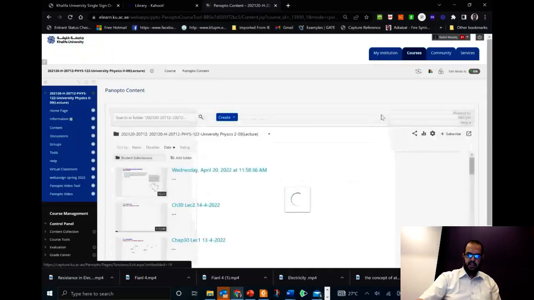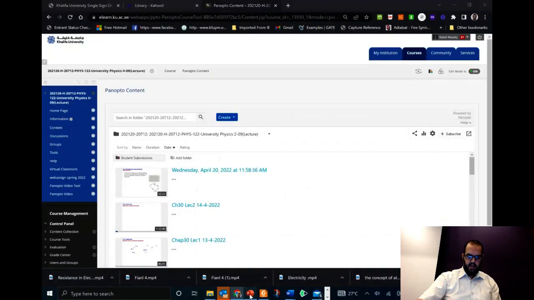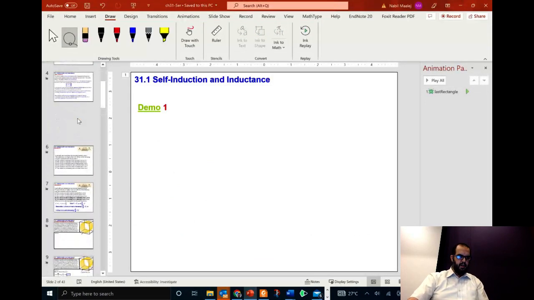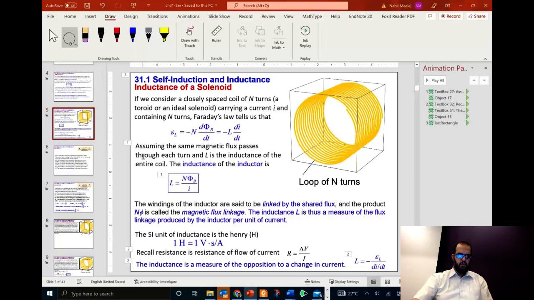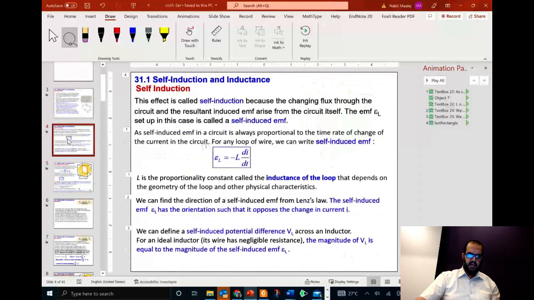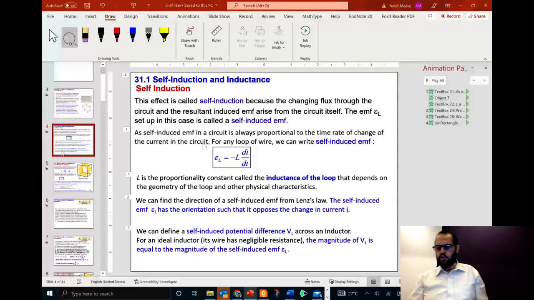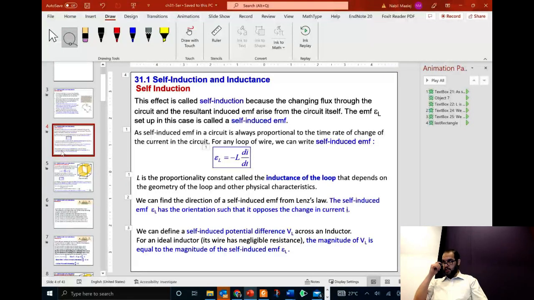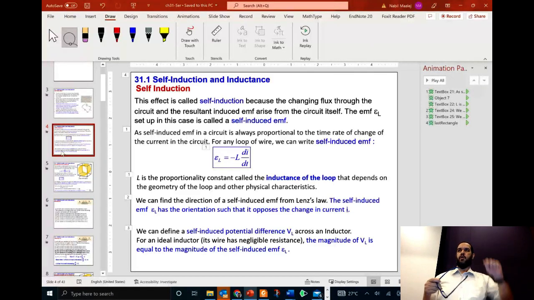So today we will try to finish, if possible, chapter 31. Remember, in chapter 31 we introduced self-inductance, and we said if you have a circuit, even if there is no inductor, and a current is passing through the circuit, when you close the switch, the current induces a magnetic field.